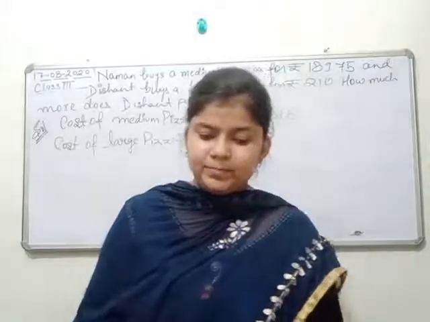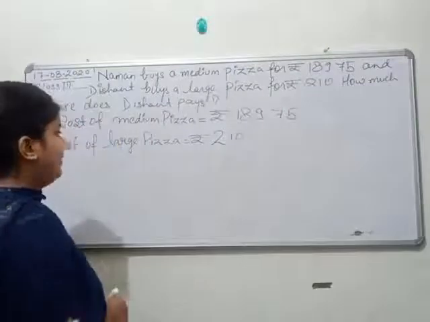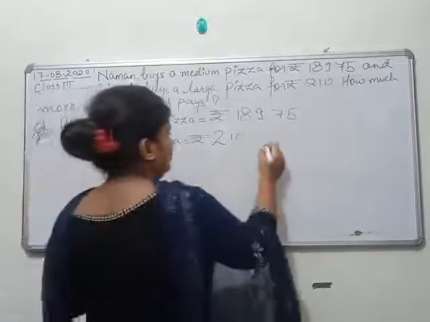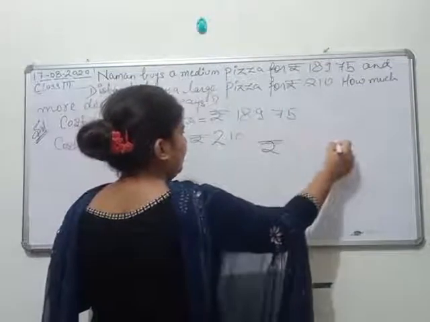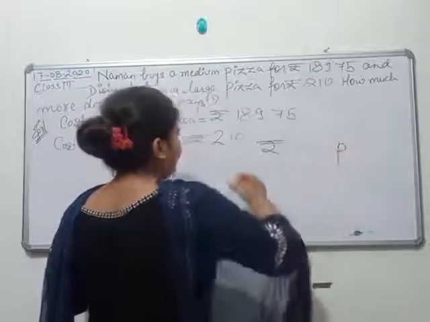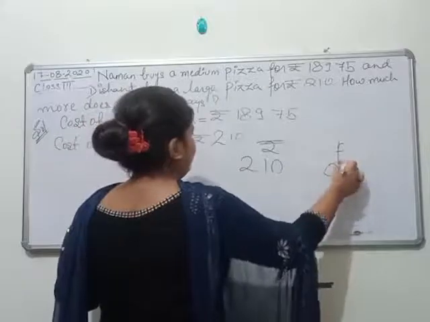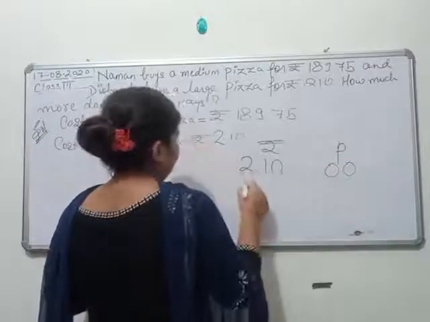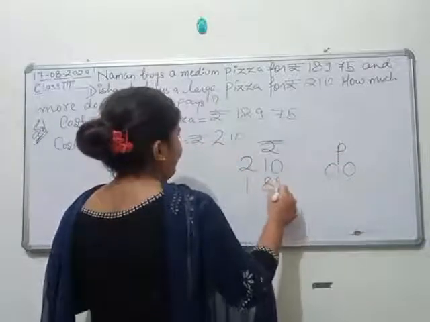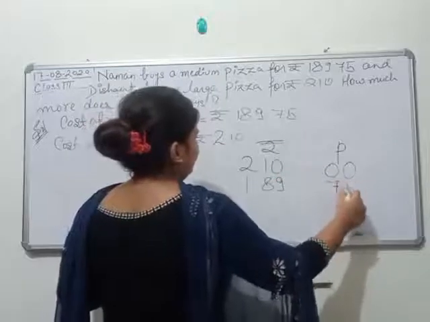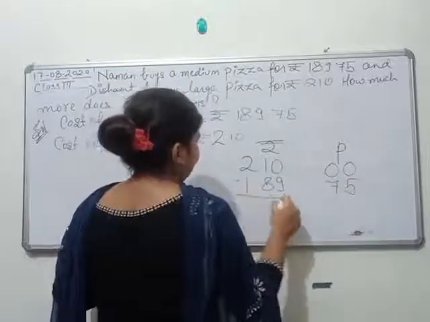Rupees column and paise column. Rupees 210 and 00 paise, and 189 rupees and 75 paise.